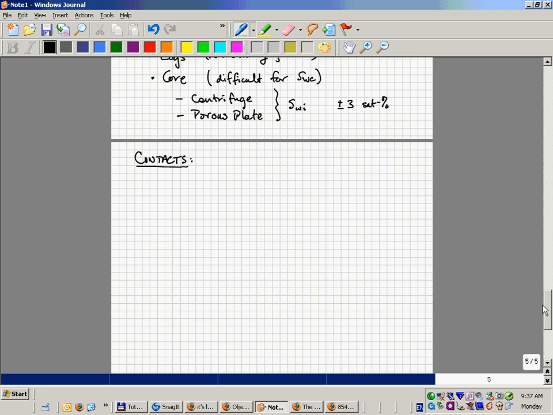The definition of a contact is where the pressure of the two phases you're looking at, let's say water, oil, is where you have equal phase pressures.